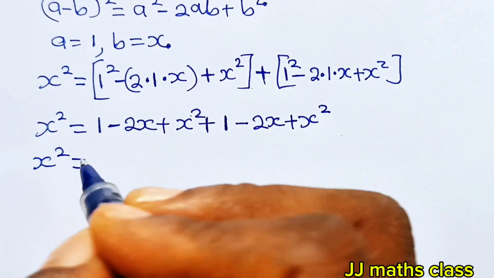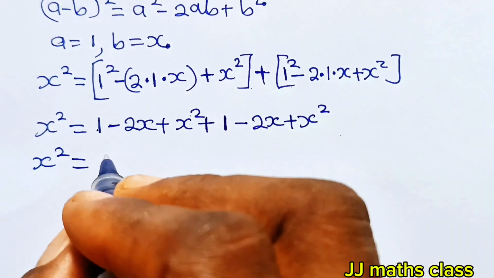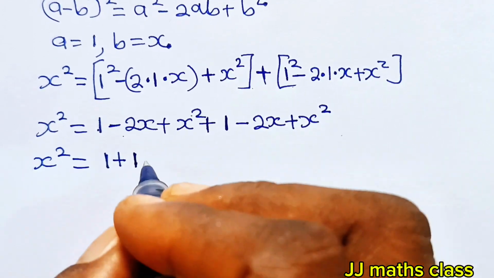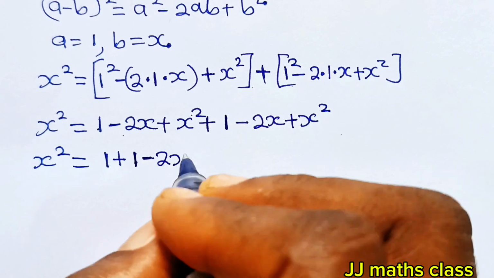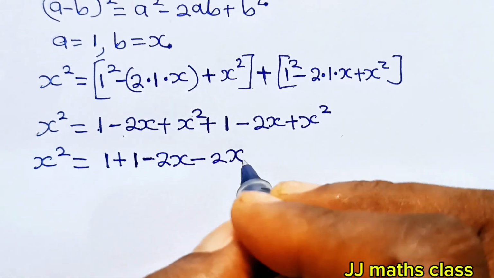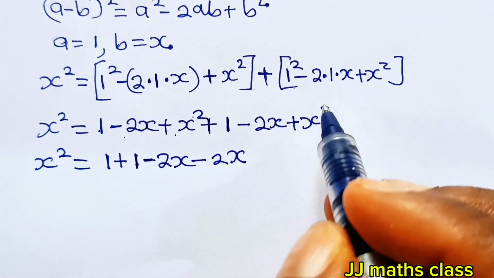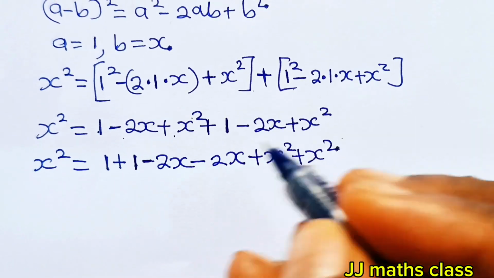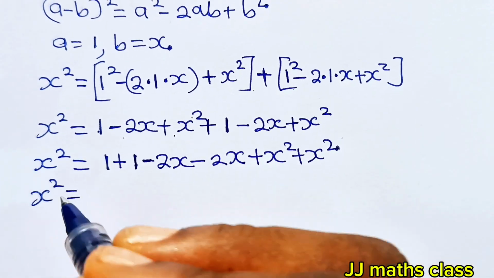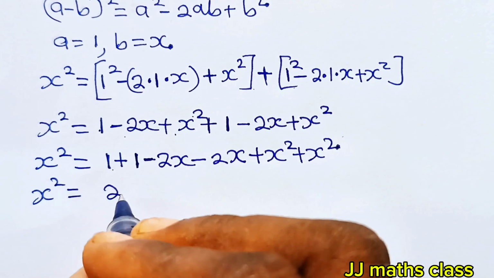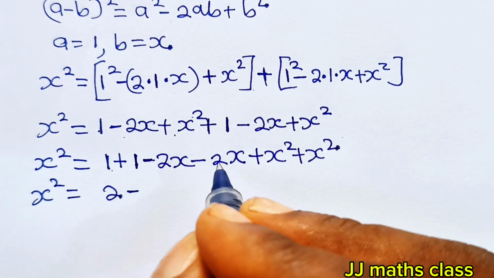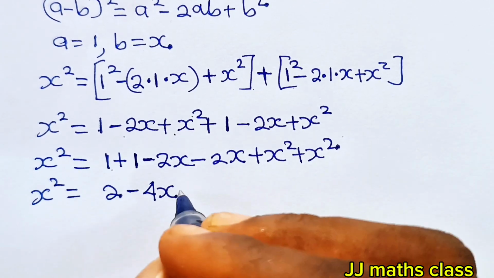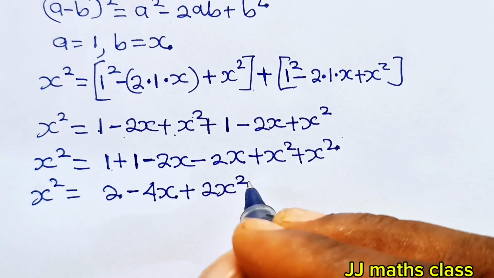We have x squared is equal to 1 plus 1, minus 2x minus 2x, plus x squared plus x squared. Okay, so you have x squared is equal to 1 plus 1 is 2, minus 2x minus 2x is minus 4x, and plus x squared plus x squared is plus 2x squared.